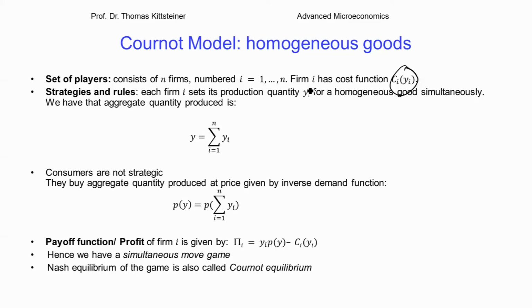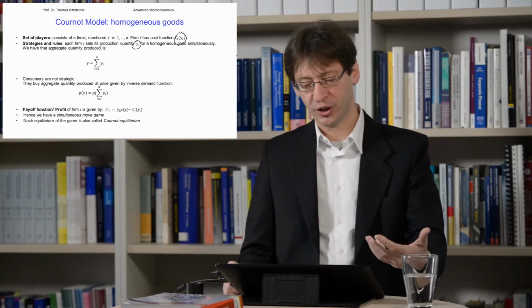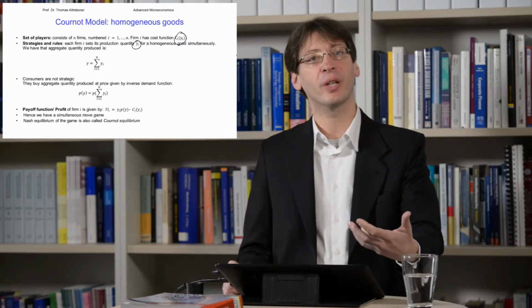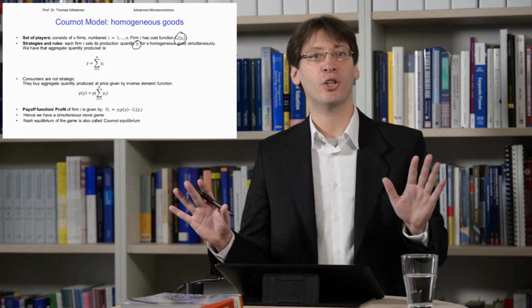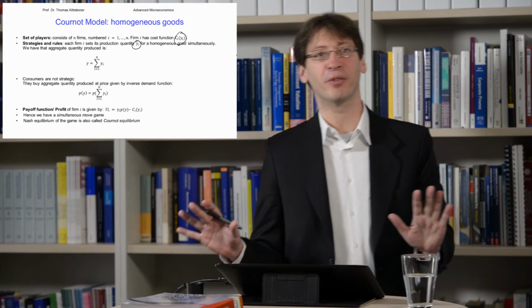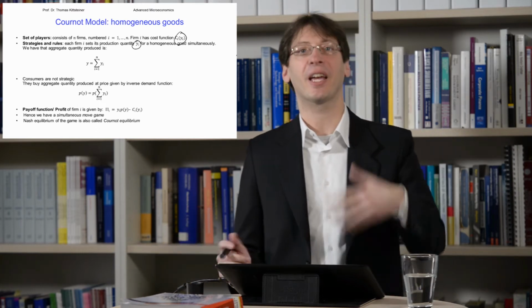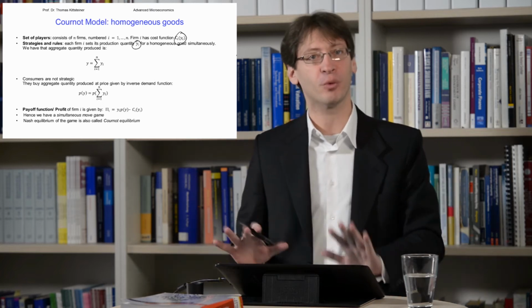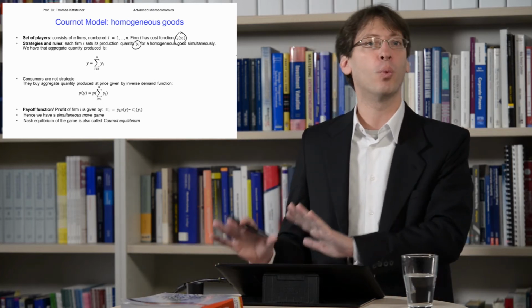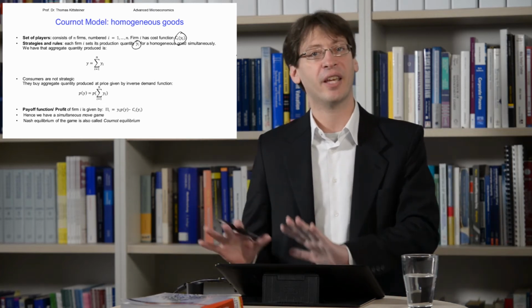And this quantity here is given by this. Okay, so Yi is a quantity produced by firm i. So it is the strategy of firm i. So you might question whether that is a very strong simplification of what goes on in real life, and I do agree, but I would like to postpone the discussion of the realism of this model to later, once we've seen other models and can compare the two.